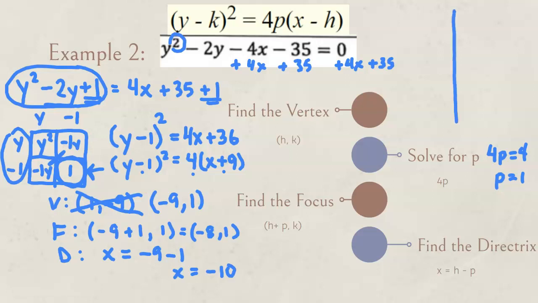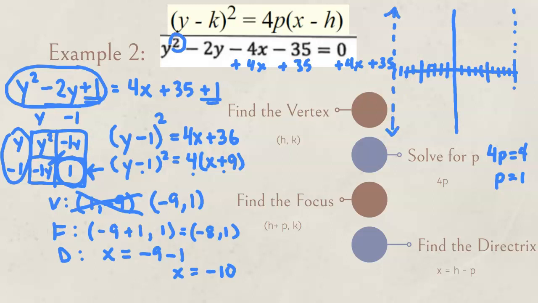If I graph this parabola, I'm going to have a directrix at -10. 1, 2, 3, 4, 5, 6, 7, 8, 9, 10. And this is going to be my directrix. It's a vertical line. Oops, that's a +10. I'm going to go this way. My directrix is going to be a vertical line.